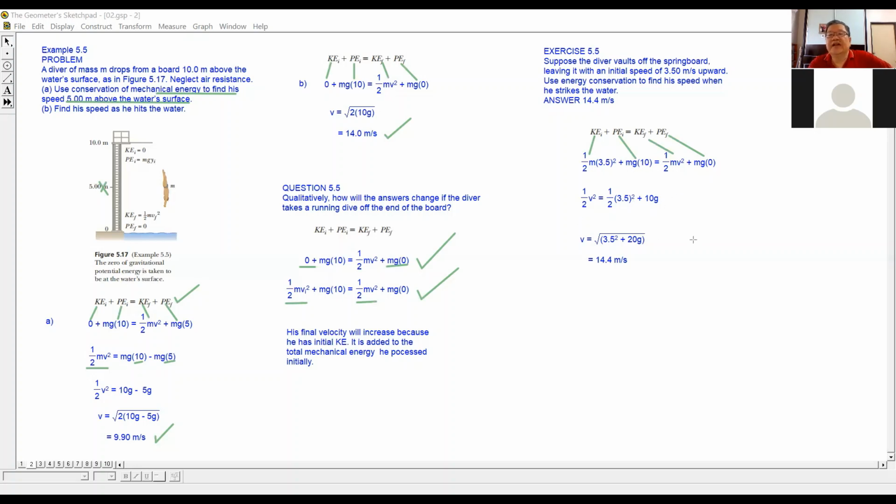Okay, so this is what is left. So we evaluate the total initial energy against the final energy. Taking the square root, you get the answer 14.4 meters per second.